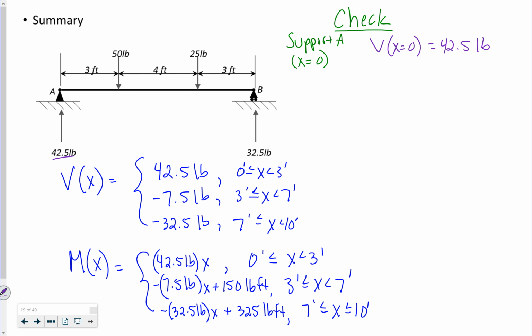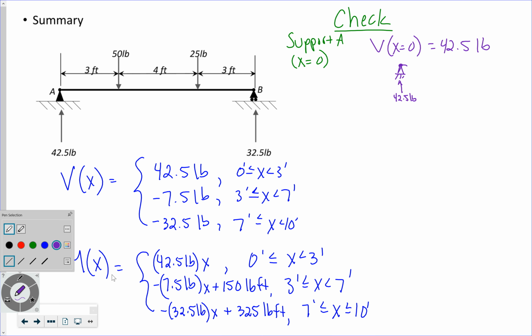Which, oh look, that's the same as my support reaction, right? It's as if we took a tiny little piece right next to the support, and that's our shear at X equal to 0.